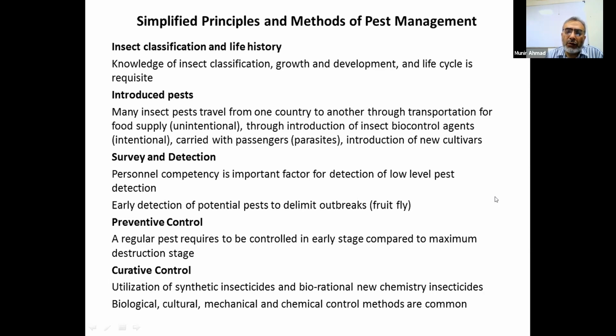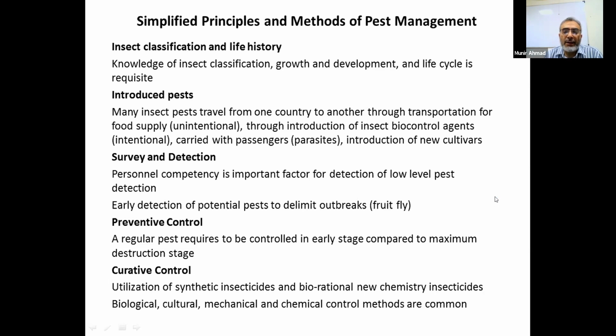The first and the most important principle in insect science is about their classification. We should know how we can differentiate these insects. The major categories we split on the basis of their interaction.